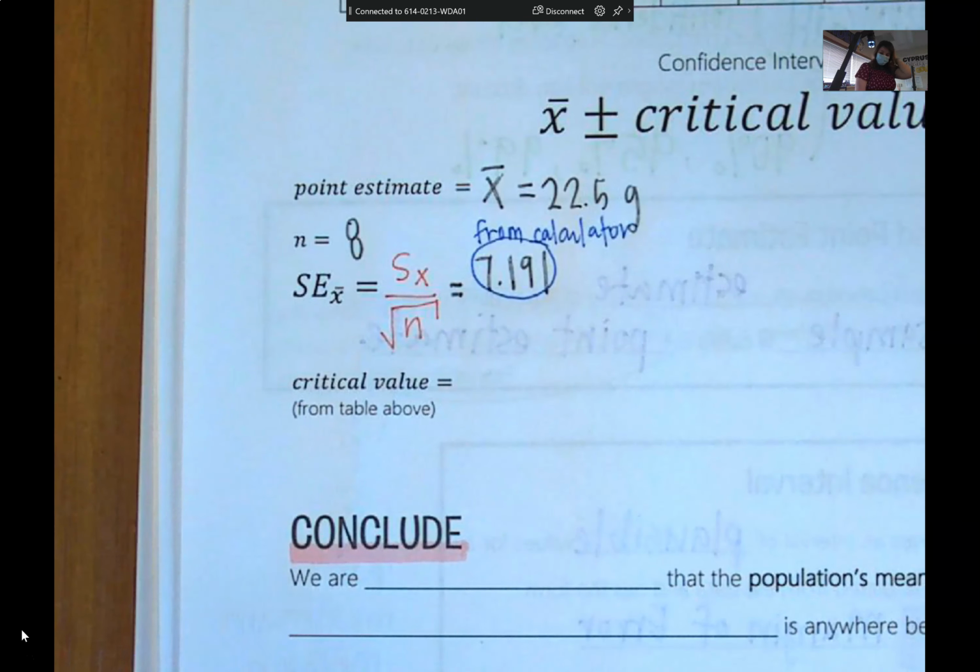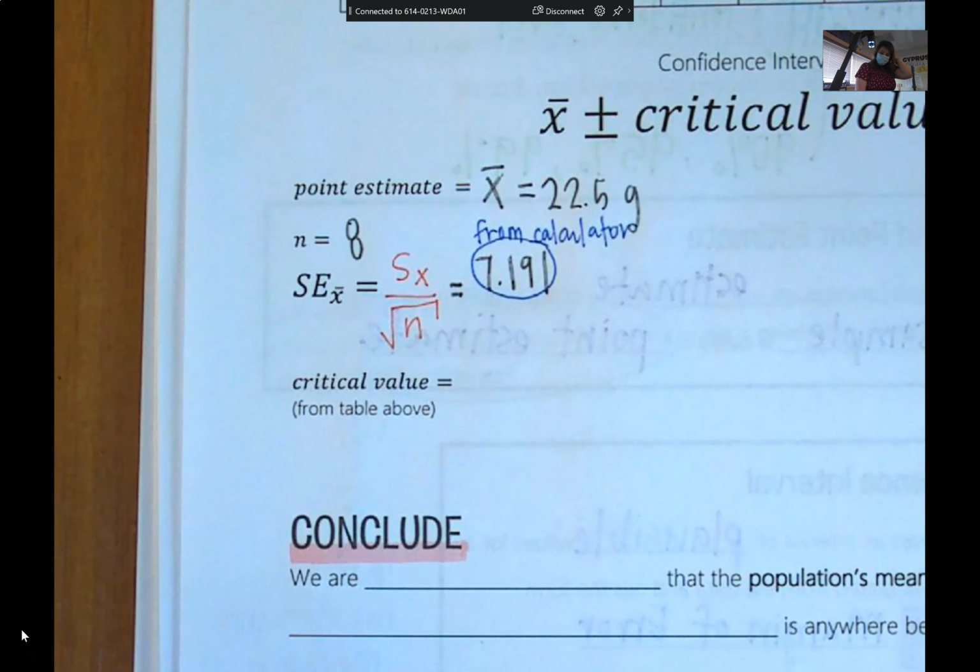And now, finally, we have everything that we need to construct our confidence interval. So I usually draw a line here just to separate my numbers from my calculations. You don't have to do that, but it helps me keep my work neat. And then I'm going to set up my interval exactly as it looks right here. So I'm going to start with my X bar.